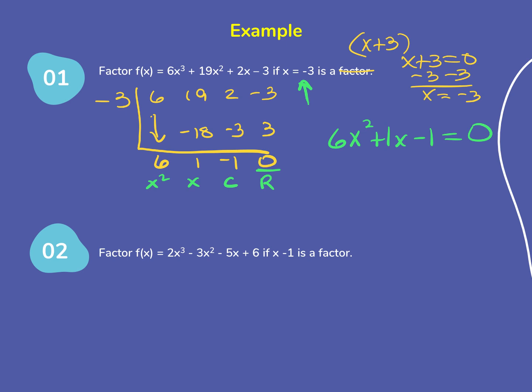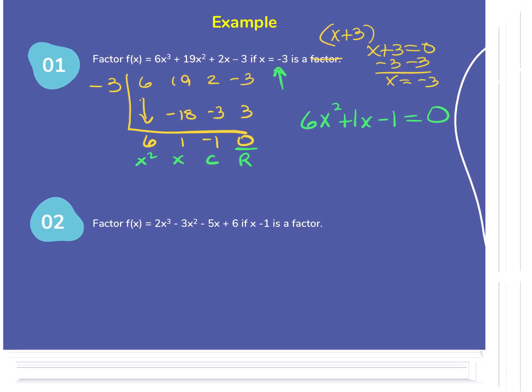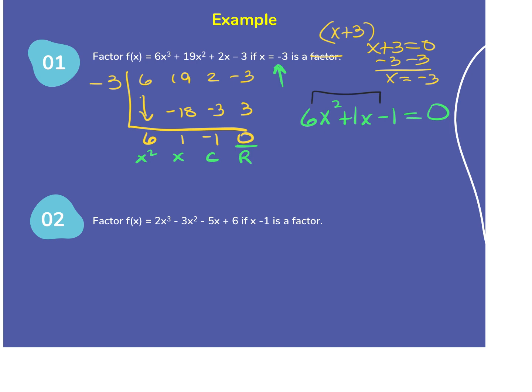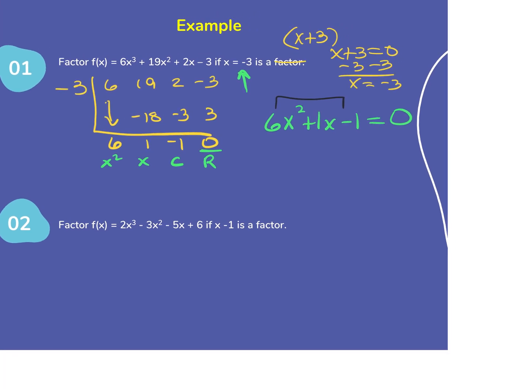Now, at this point, the choice is yours which method you use. Factoring is the fastest. You can either choose factor by grouping here or guess and test. I know my other class likes me to factor by grouping, so let me just do grouping on this one real quick. I'm going to multiply the beginning and the end. This is going to give me negative 6.